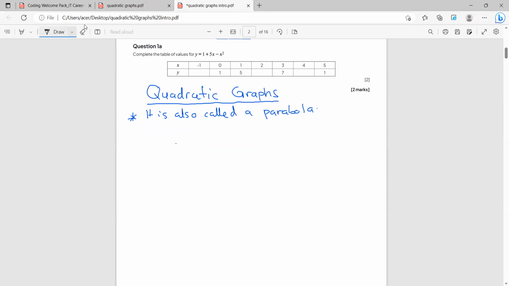Suppose you have an equation which goes y equals x squared minus 1. And they want you to draw the graph. The first thing that you need to do, let's write solution here, is to draw a table of values.